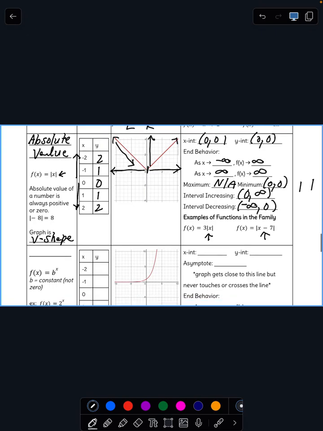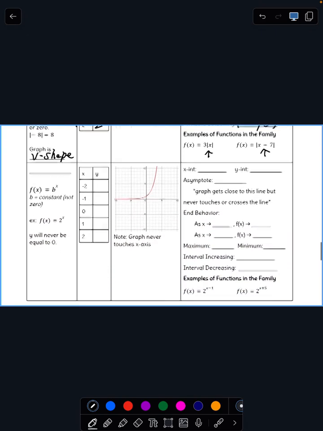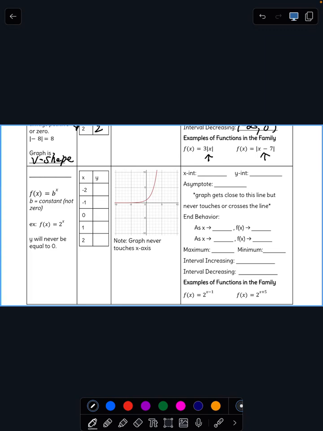And our last one is going to be exponential. F of x equals b to the x.